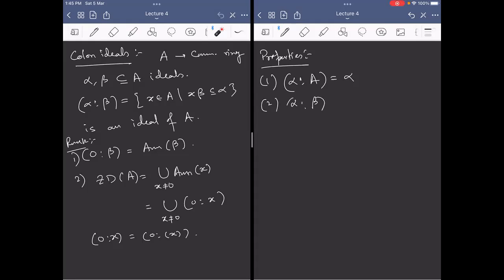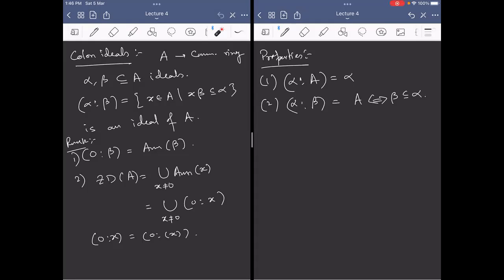Now if you take two ideals alpha and beta, then alpha colon beta equals A if and only if beta is contained in alpha. That is because, first of all, suppose one implication holds: alpha colon beta equals A, and you need to show that beta is a subset of alpha.